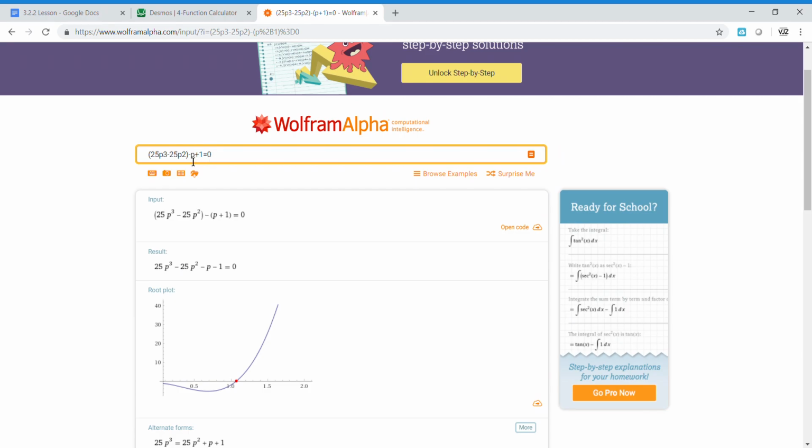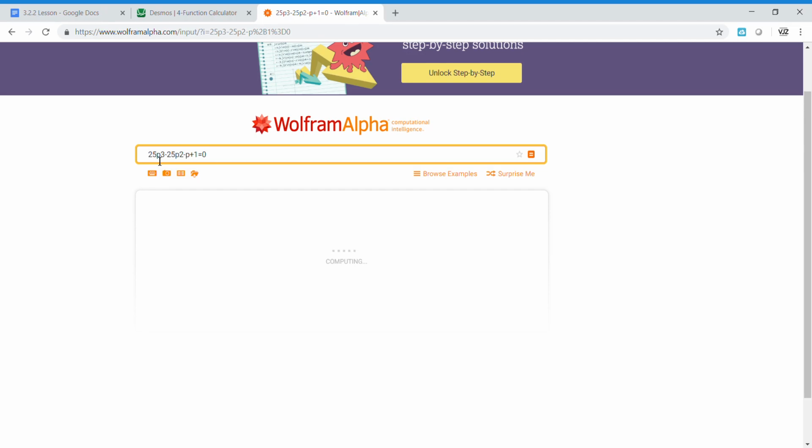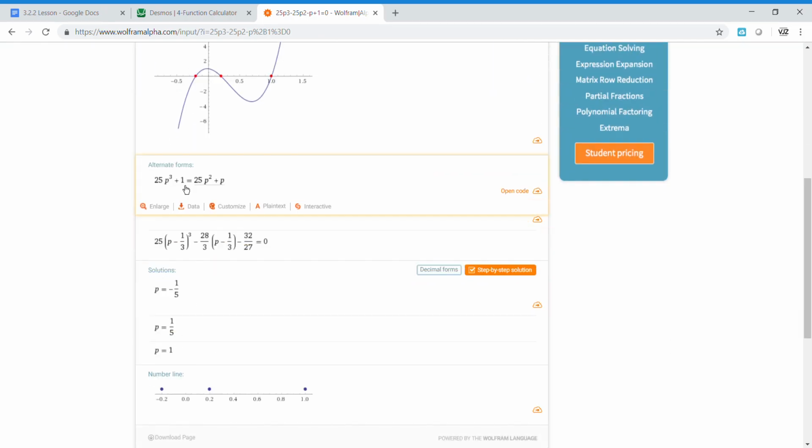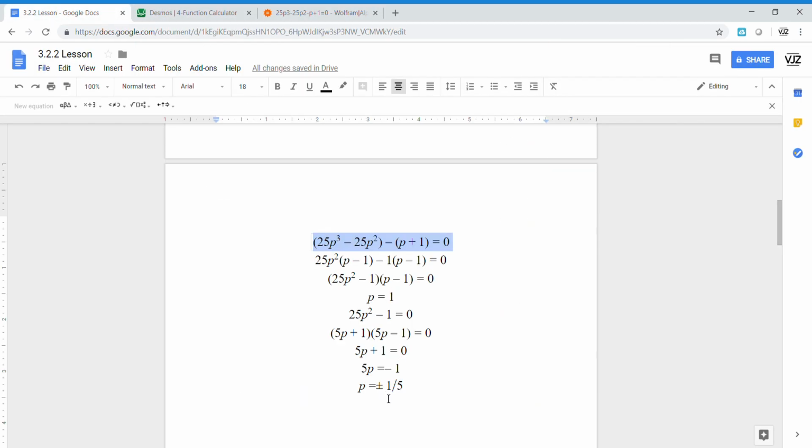Let me ungroup this too, because it's giving me a wonky result. Okay. Yep, there we go. So we have +1, negative 1 over 5, and positive 1 over 5, 1, positive 1 over 5, and negative 1 over 5.